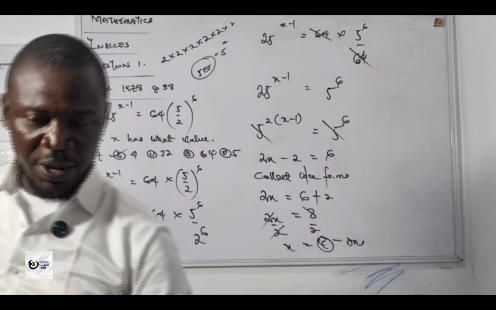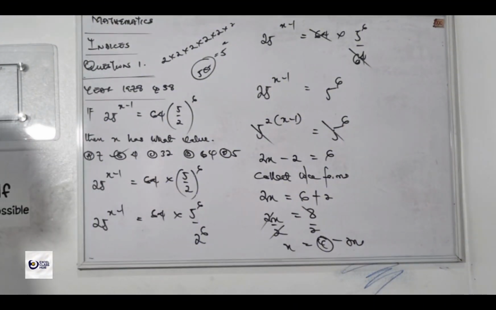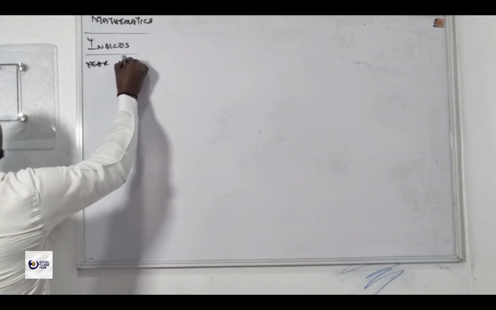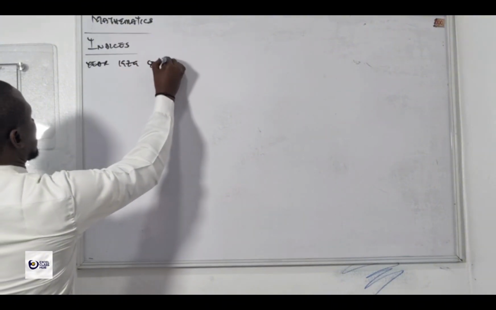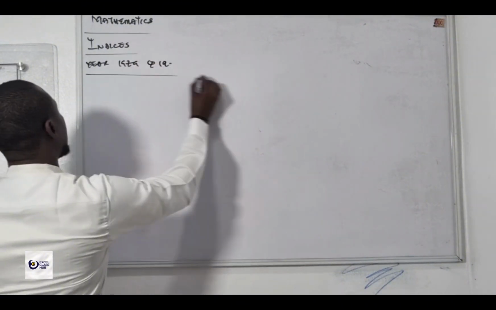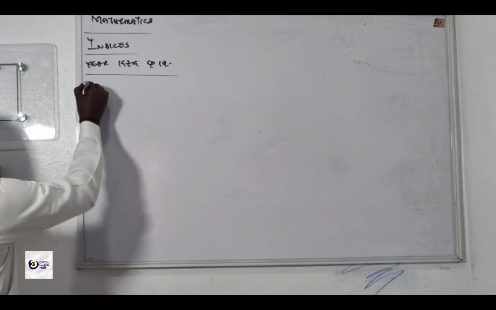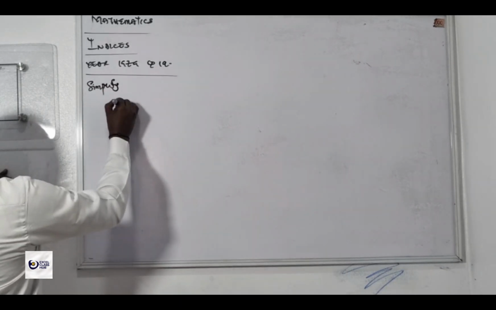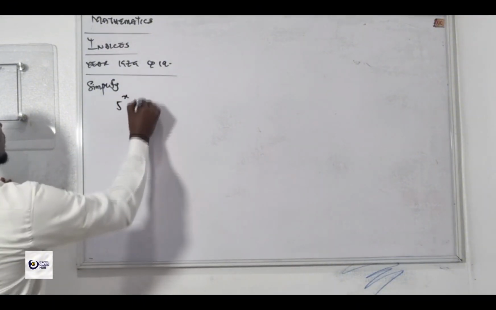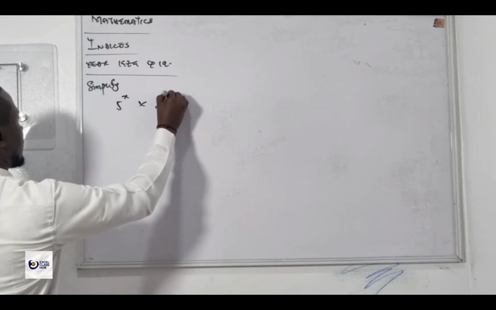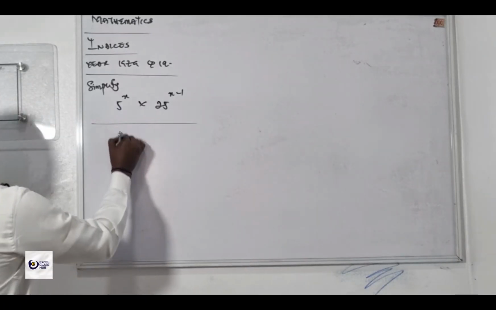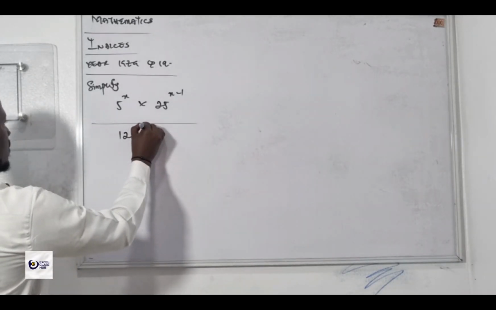From here, we pick more questions. Again, I believe you understand the way I solve this, which is well cleared. Now, please, year 1979, question 19. It says simplify 5 raised to the power x times 25 raised to the power x minus 1, everything over 125 raised to the power x plus 1.